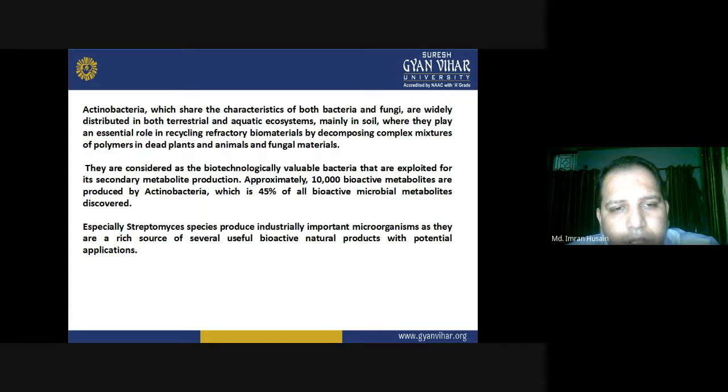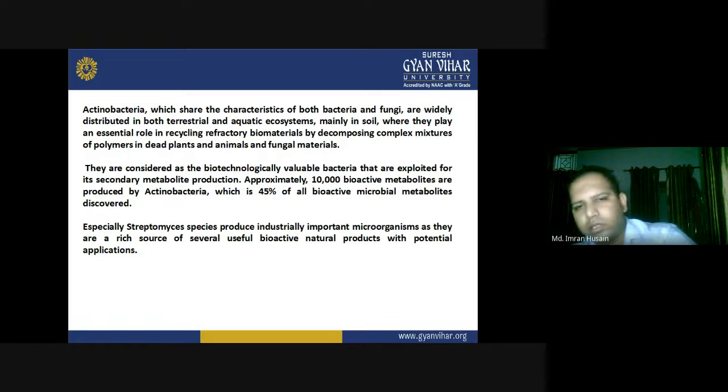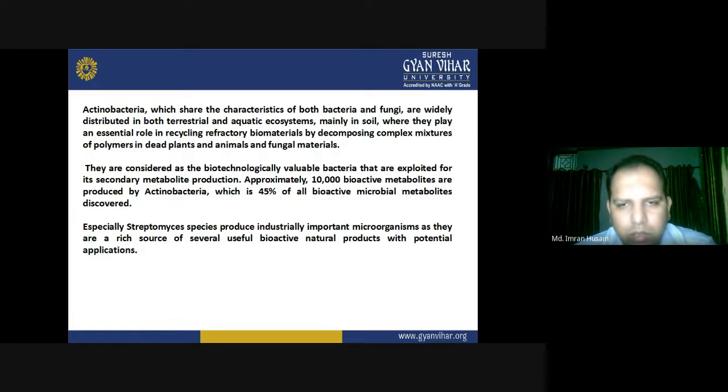They are considered biotechnologically valuable bacteria that are exploited for secondary metabolite production. Since biotechnology and microbiology evolved a lot, and the potential of actinobacteria was discovered, scientists started working on it and were able to discover a lot of advantages. Most importantly, their secondary metabolite production.